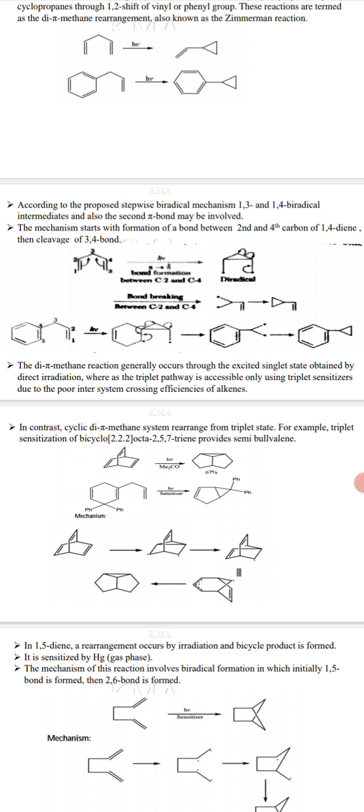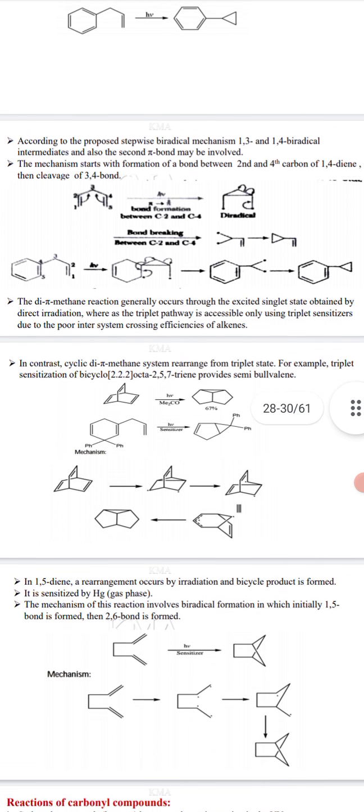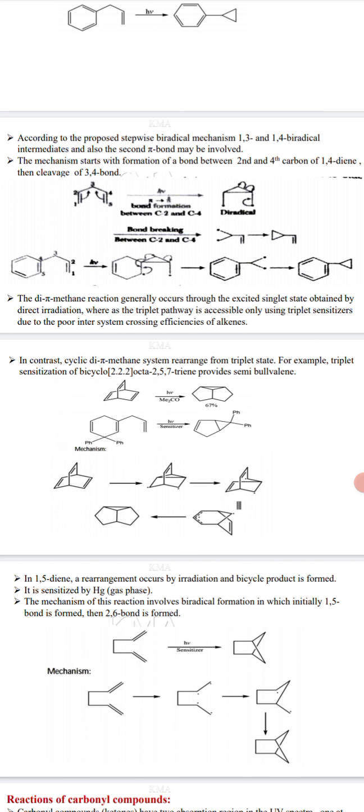In this diradical, bond breaking between C2 and C4 happens and gives rise to a vinyl cyclopropane. The di-pi-methane reaction generally occurs through the excited singlet state obtained by direct irradiation, whereas the triplet pathway is accessible only using triplet sensitizers due to poor intersystem crossing efficiencies of alkenes.